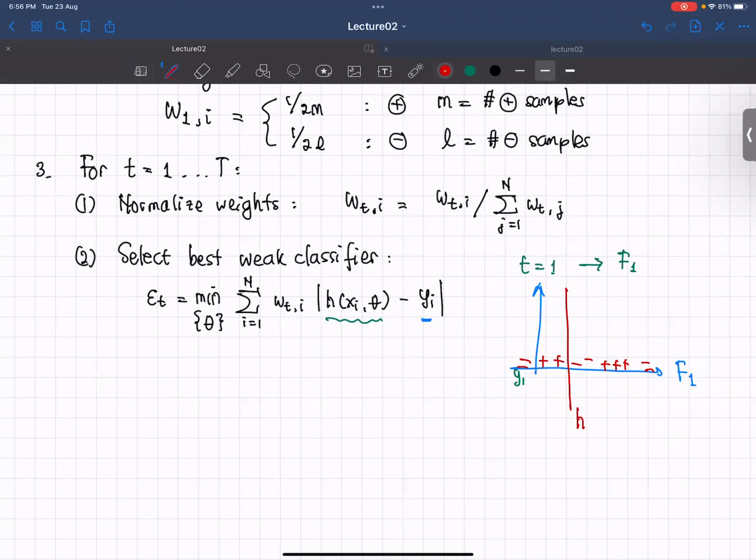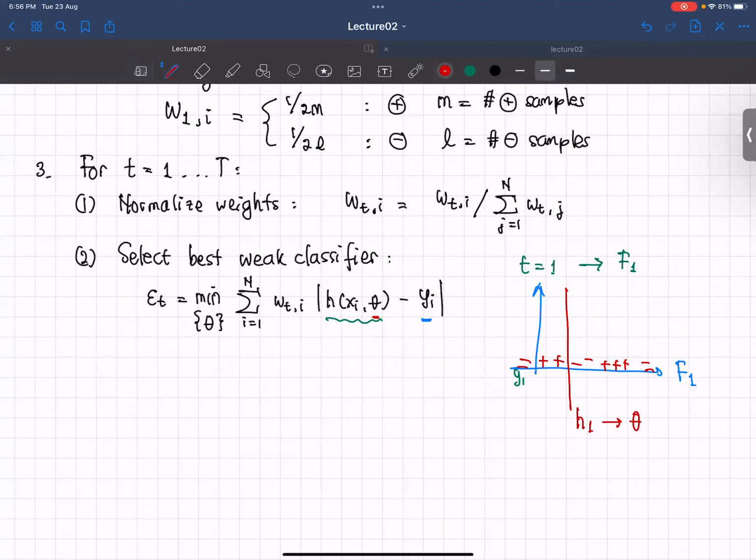Assume that you are given that H, which is H1 in this case. Now, what does it mean by H, a function of Xi? Oh, by the way, theta here refers to the parameters of H.